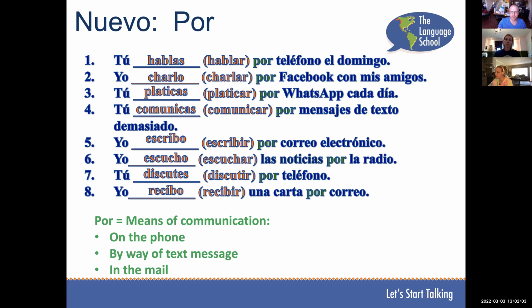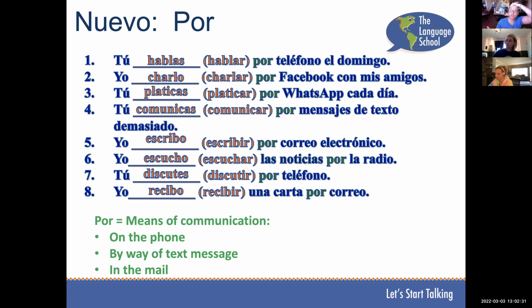So sometimes it's better to study a word like this by a use case versus an actual meaning or definition. If you were to make a flashcard with the word por, on the back of it you could write on, by, or in. But at the end of the day, we're using this to connect a communicative verb with communicative content. Like on the phone, tú hablas por teléfono el domingo.